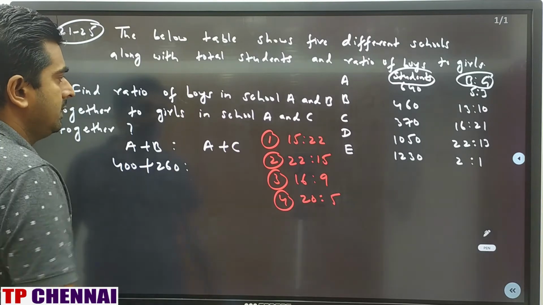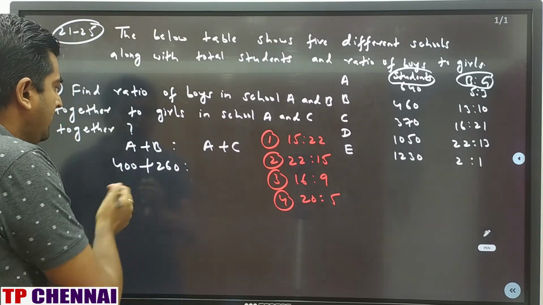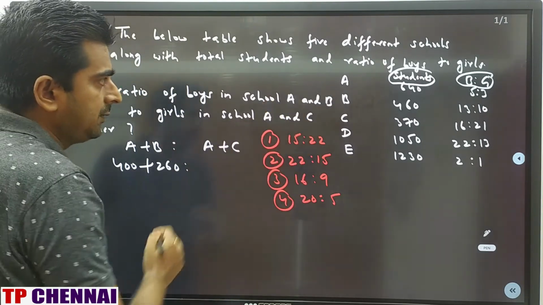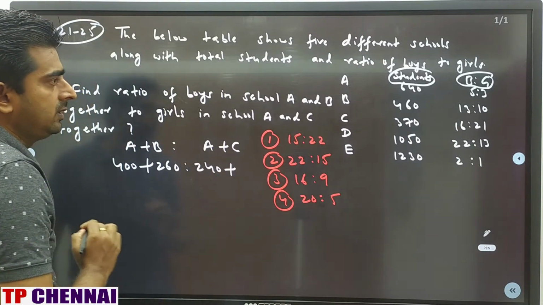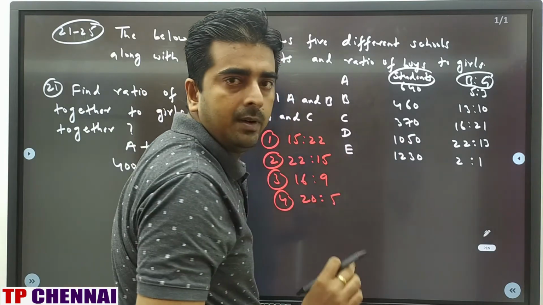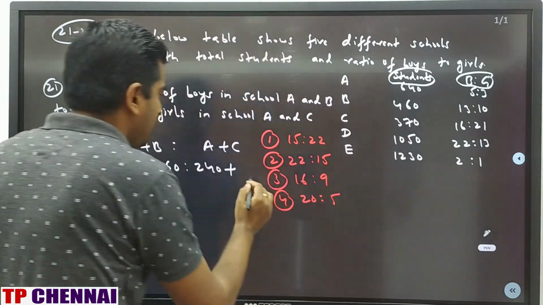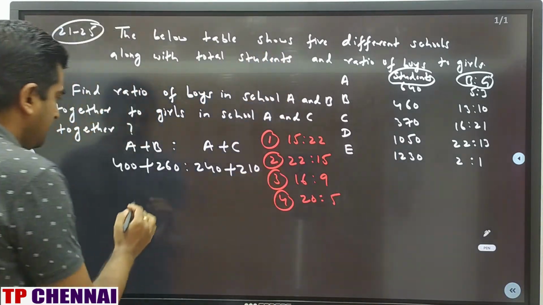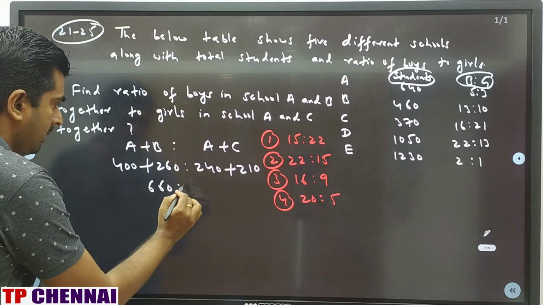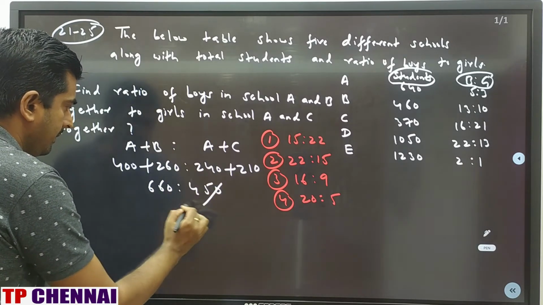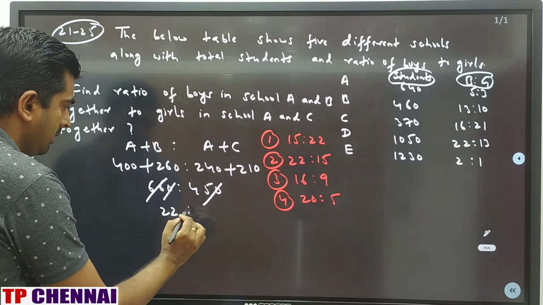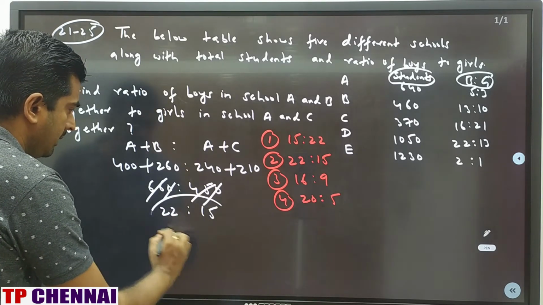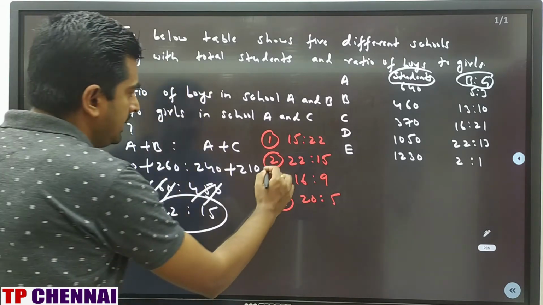Come to girls in school A. School A boys is 400, total is 640, so girls will be 240. School C. 37 part is 370, 1 part is 10, 21 part is 210. This is 660. This is 450. 3 22s are 66 and 3 15s are 45. 22 is to 15 is the answer.